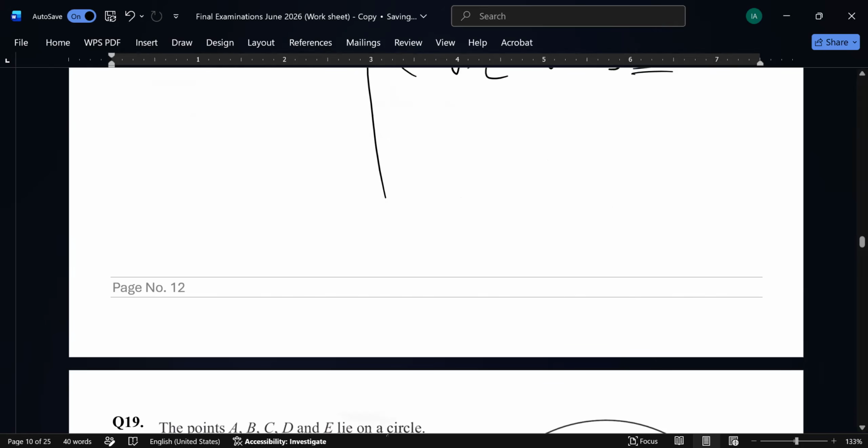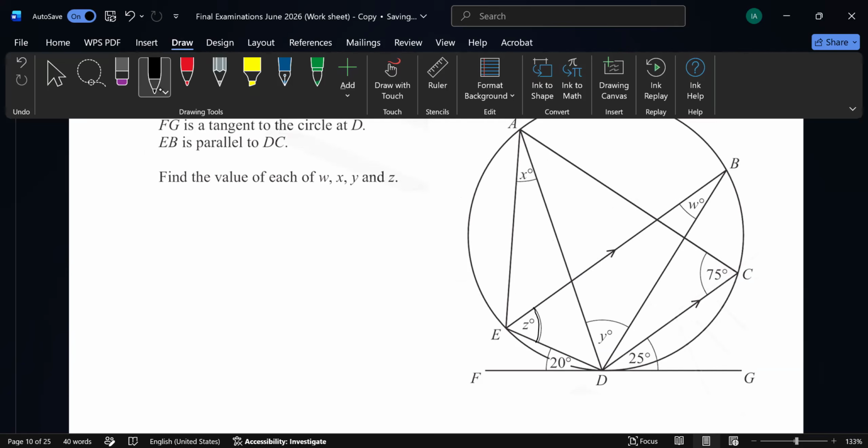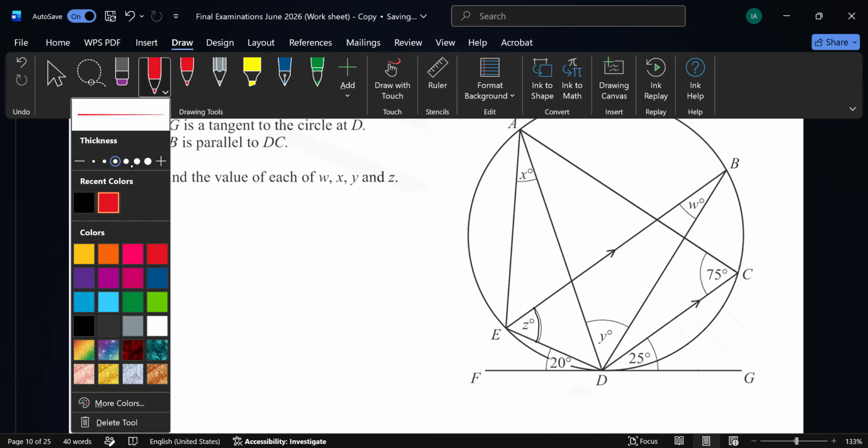Moving to the next question. Example of different angles. Okay, starting with this. First thing first, if you look closely at this diagram.